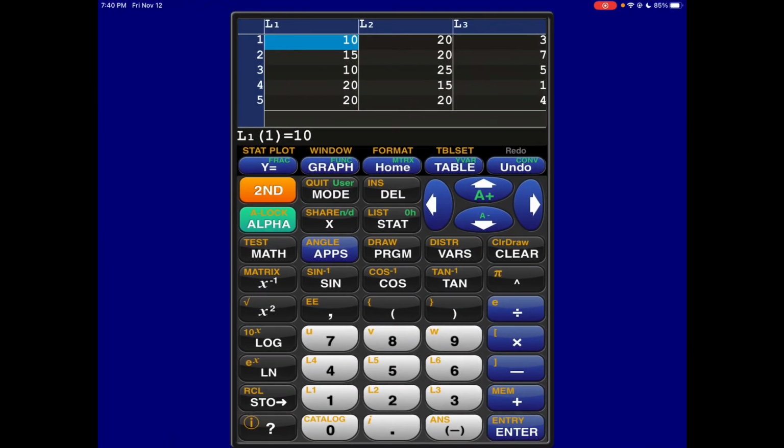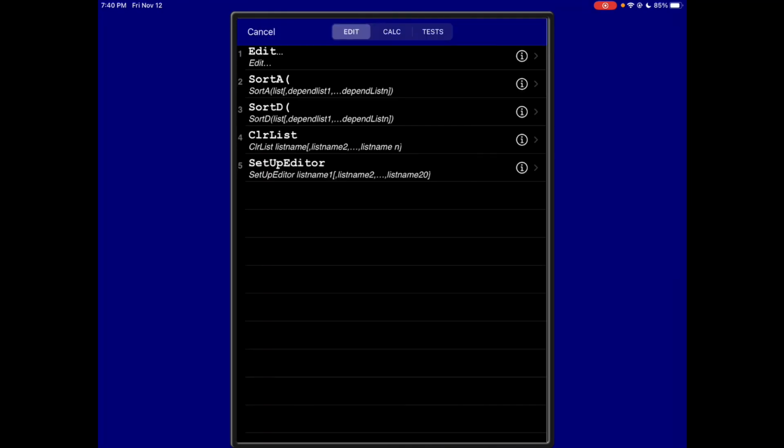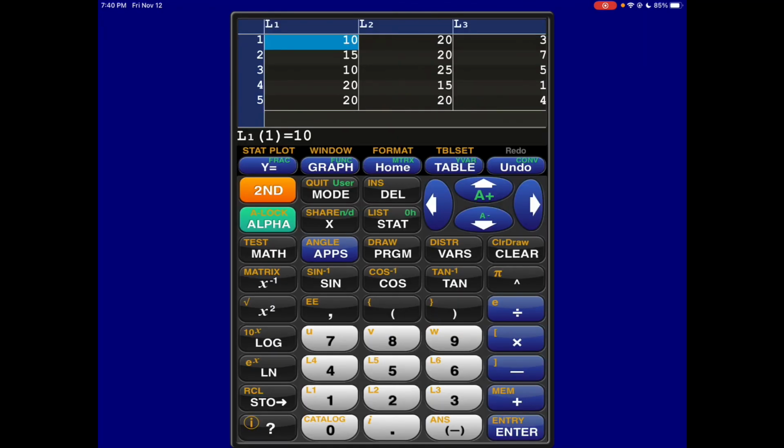So back on my calculator, how do you get to the lists? You have to press Stat, and then Edit, and then here I've got L1. And you can see L1 is all of the data from the first store, 10, 15, 10, 20, and then 20. L2 is all the data from the second store, 20, 20, 25, 15, 20.